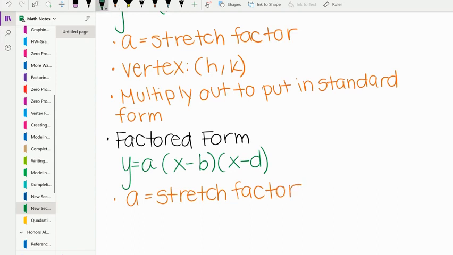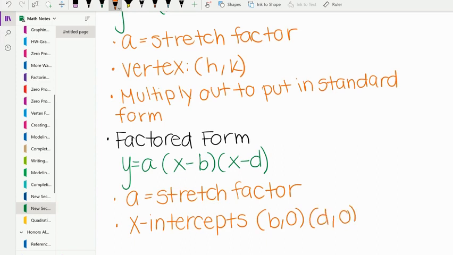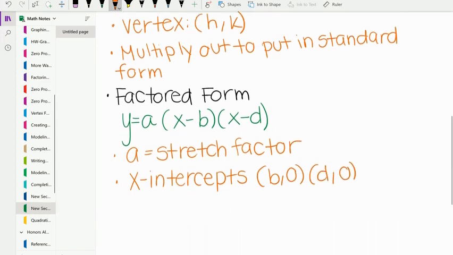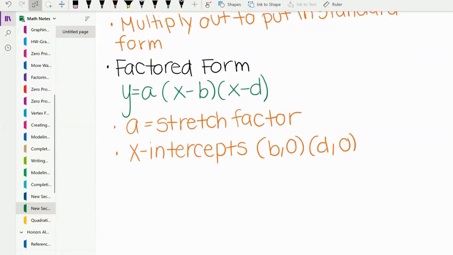And this one tells you the x-intercepts. The x-intercepts, or where it crosses the x-axis, are at (b, 0) and (d, 0). How I got those was you just set x minus b equals 0 and x minus d equals 0 and solve.